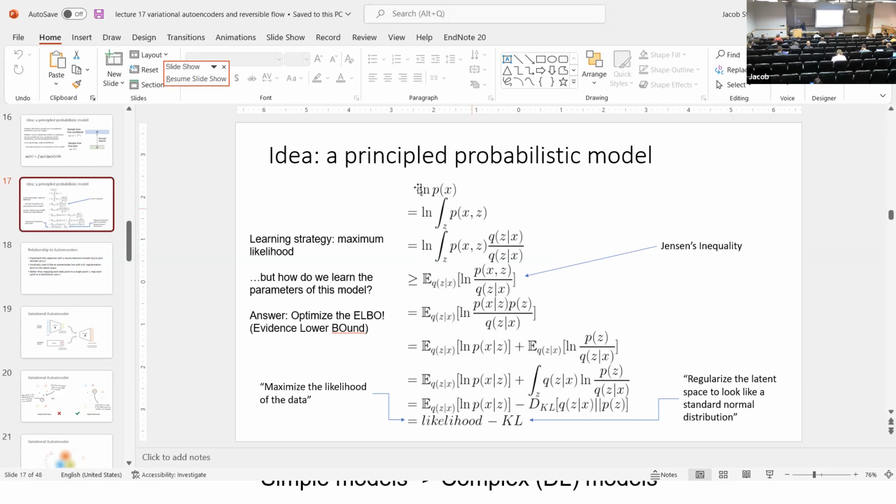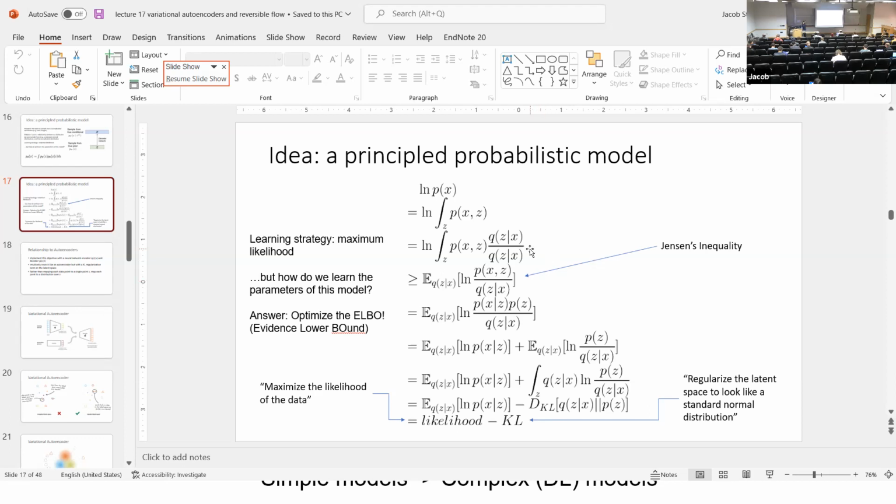The first three steps of this derivation are just identities. This is the definition of marginal probability from 1 to 2, and then we're just multiplying by something over itself. The really interesting part of this derivation is between steps 2 and 3.